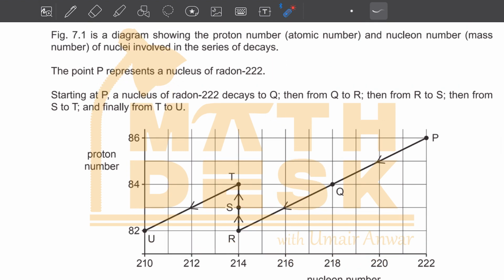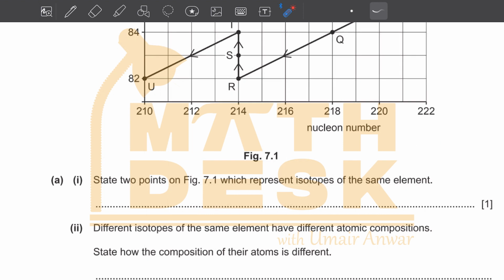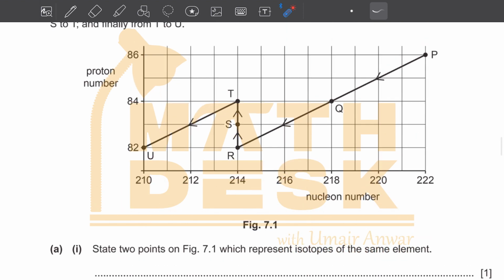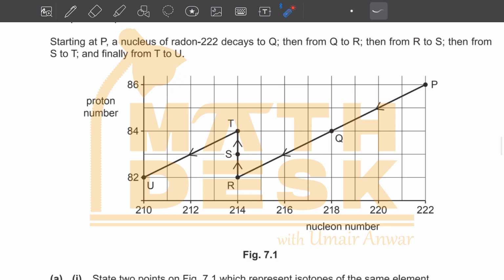So in this grid, proton numbers are being represented on the vertical axis and nucleon numbers are being represented on this horizontal axis. So we have to find the points which represent isotopes of the same element. The points which have the same proton number but different nucleon number would be the isotopes of the same element.